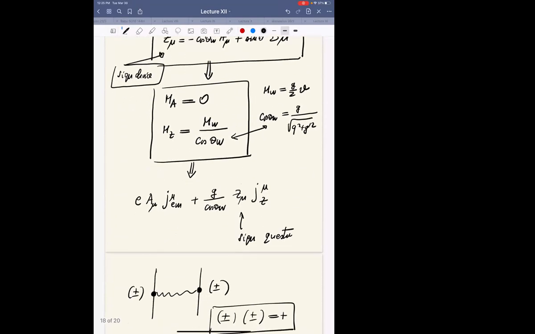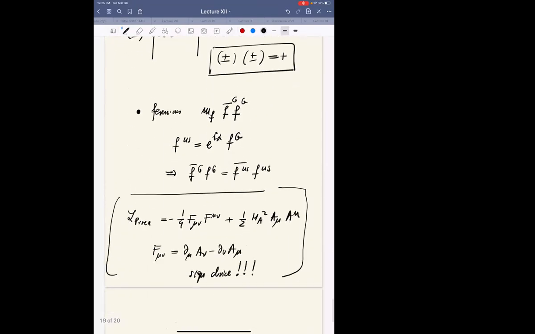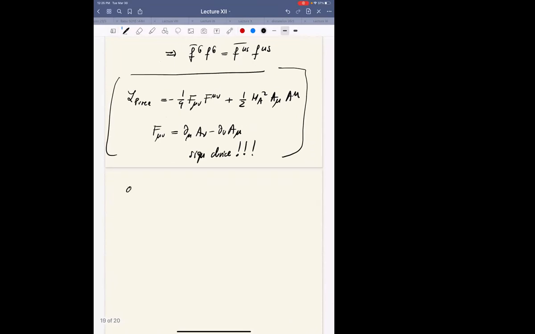Okay, notice that we have a fundamental difference. So in the Glashow theory, Glashow has an SU(2) cross U(1) gauge model. He built it first. He doesn't have the Higgs mechanism. Therefore, he says, if there is a photon, then there is a Z boson. He says, I don't know what the photon mass is.